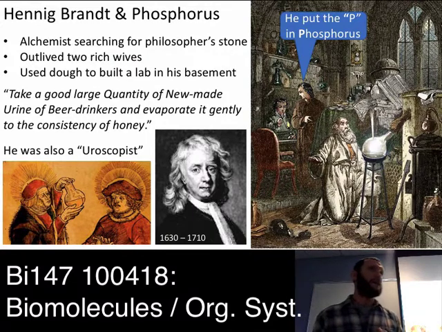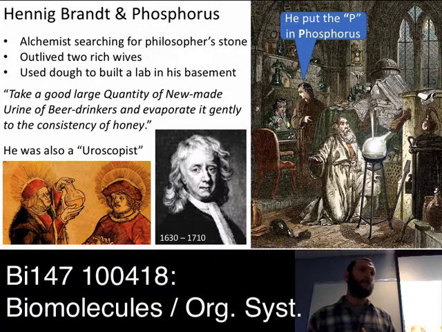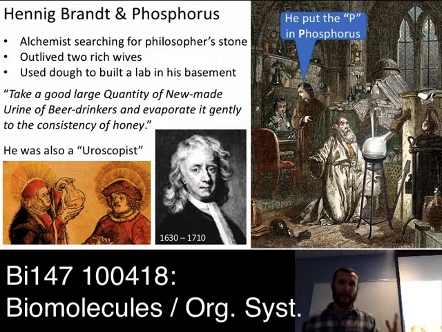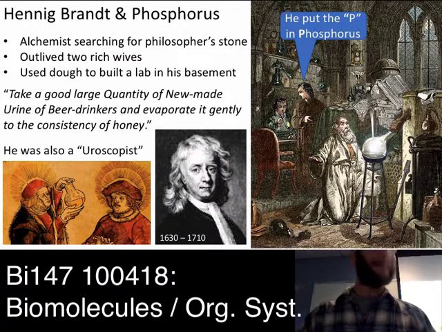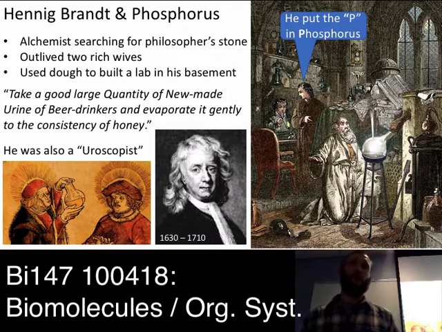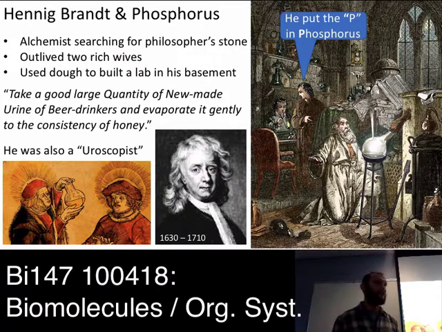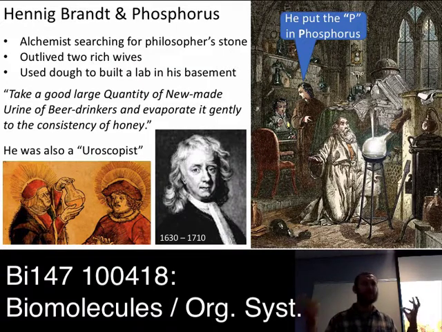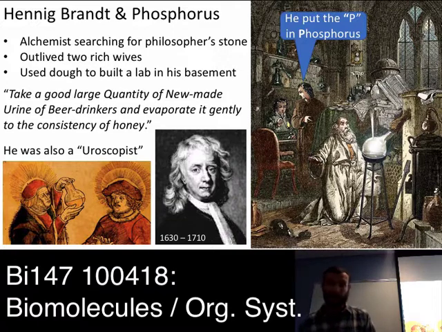So that is like this room full of urine, like a swimming pool of urine. And he had it in his basement, and he let it fester for a year and a half, ferment in his basement.